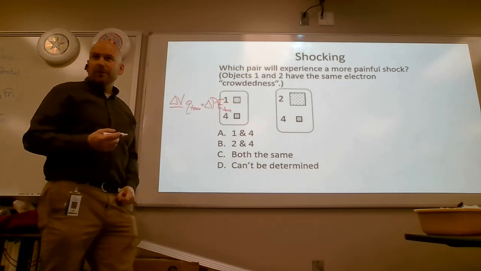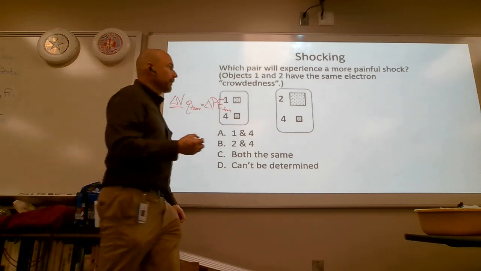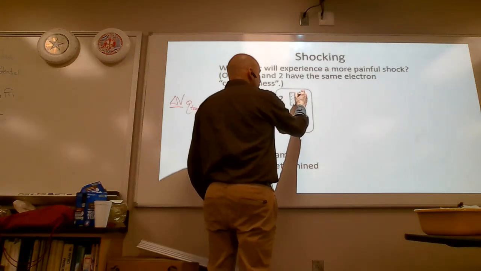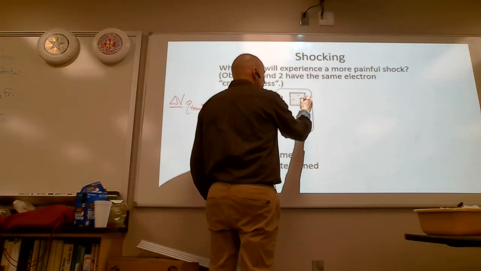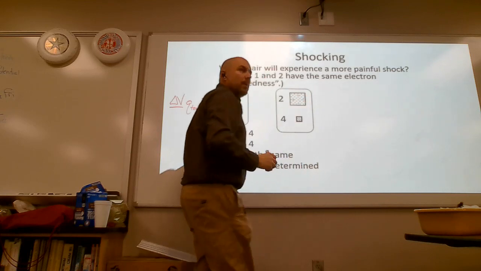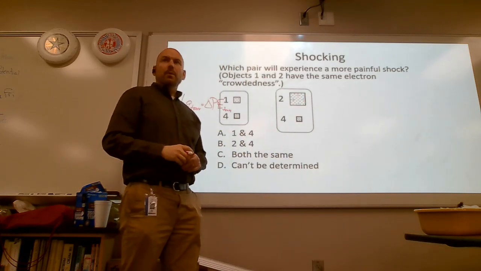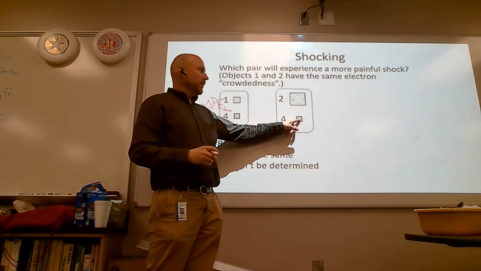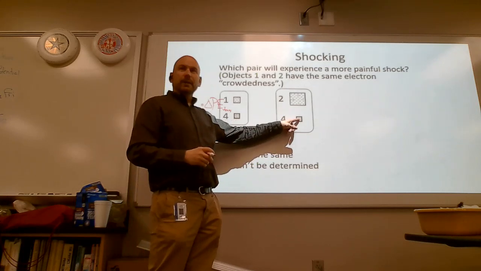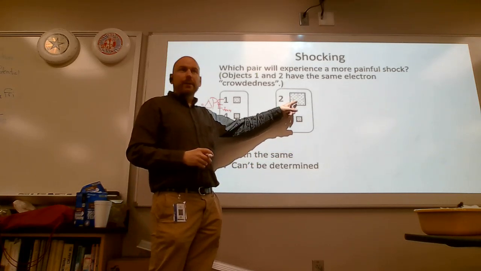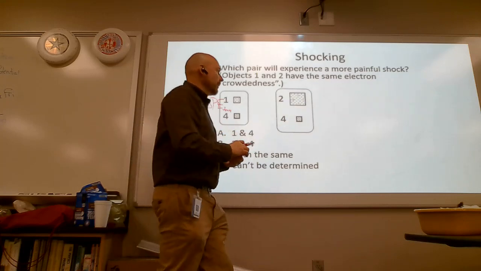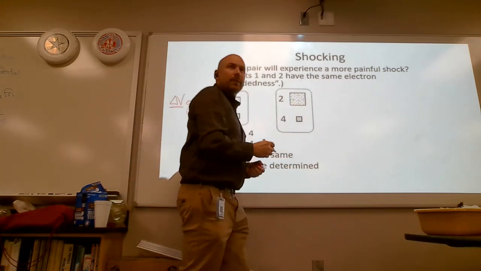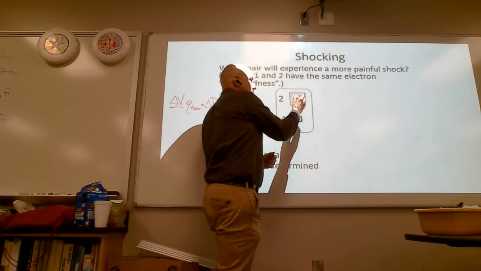Here we had 4 electrons jump. Here, if we put 4 electrons in here, would there still be a desire for electrons in here to go over there? Yeah. Like, oh man, there's still some room because this space is bigger.